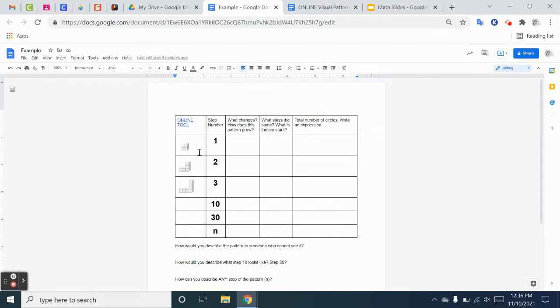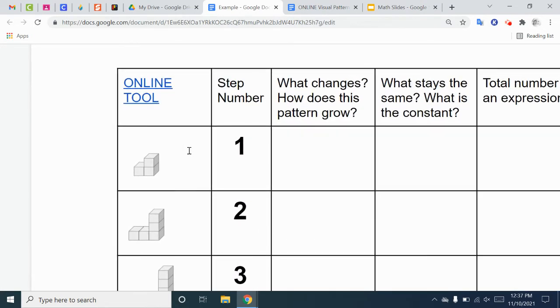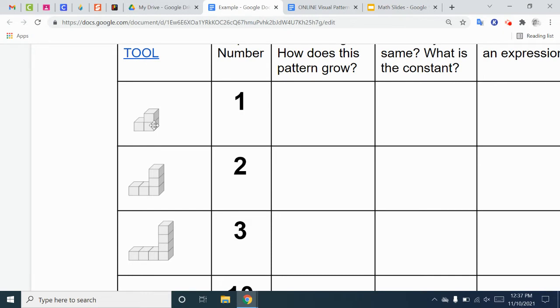And I can see that in step 1, I'm going to zoom in, there is a block in the corner, and then I have 1 on top and 1 on the left. And then step 2, I still have 1 in the corner, but I have 2 on top and 2 on the left.